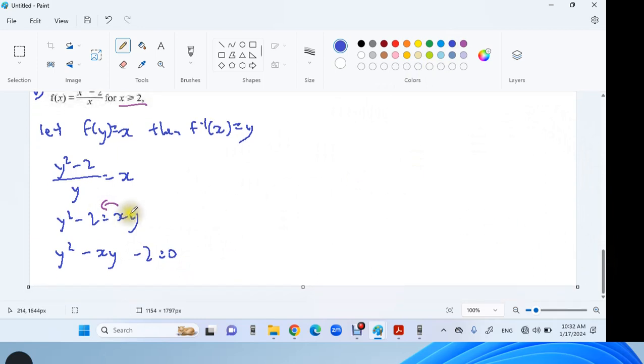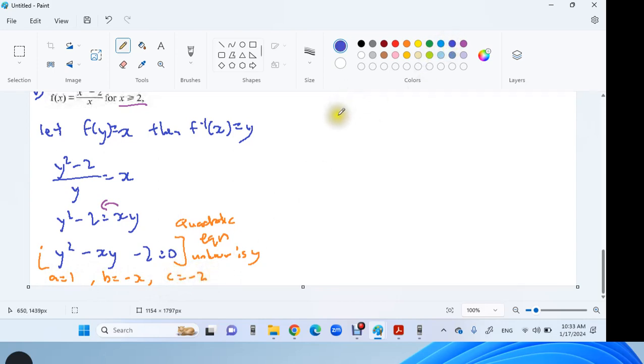So you imagine that this is a quadratic equation with the unknown y, where a is 1, b is negative x, c is negative 2.